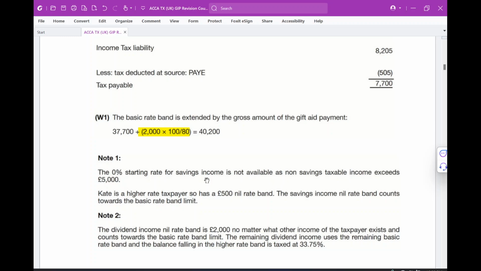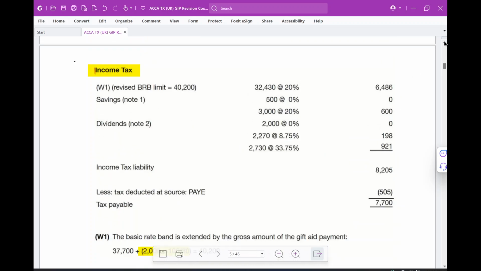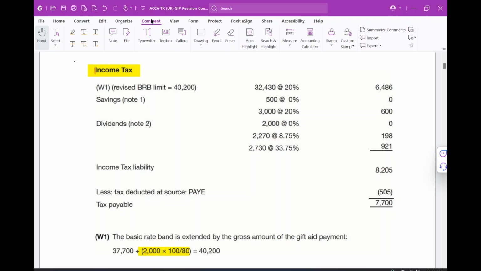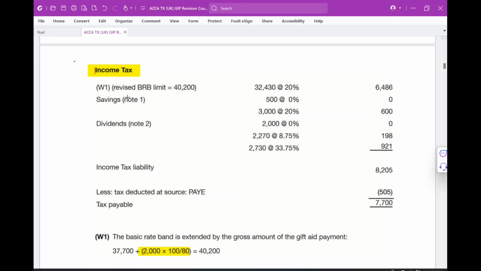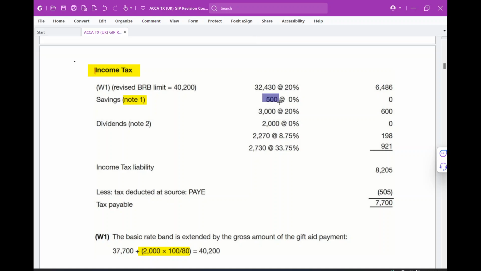Okay? So that's point number one to note. And you'll see that here, in this first note, second line, what they've done is put in note 1, as we've just read, and what's relevant is that 500 at 0% equals 0.